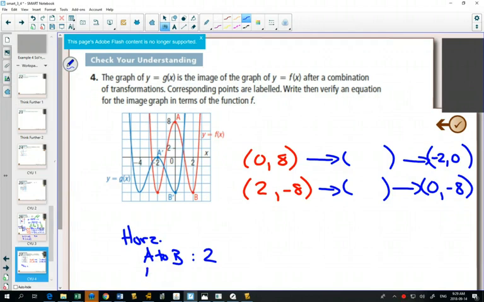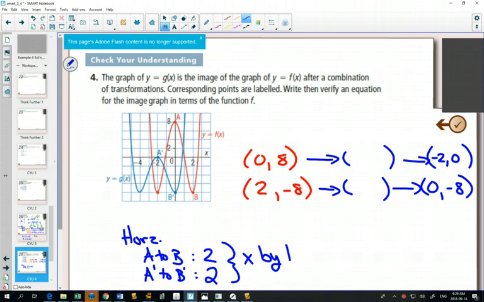And from A prime to B prime is also a distance of 2. It doesn't change. Technically, that means we have to multiply x values by 1, but it means that there's going to be no horizontal stretches and no horizontal compressions.